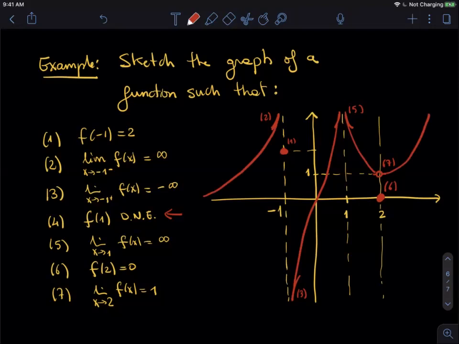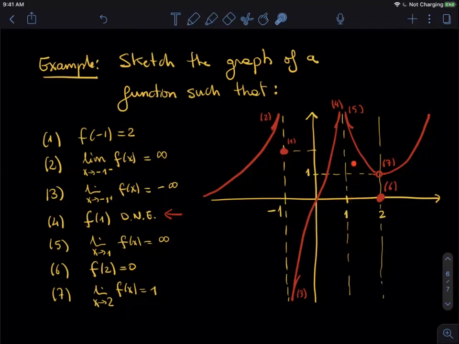And then the only condition that was left was number 4, that says that f at 1 is not defined, does not exist, but we are good because we didn't define any value of f of 1. Notice here that at -1 we said f of -1 is 2. So even if there is an asymptote, f of -1 is defined, but we are not doing that with x equals 1.